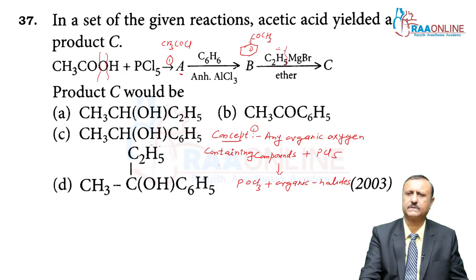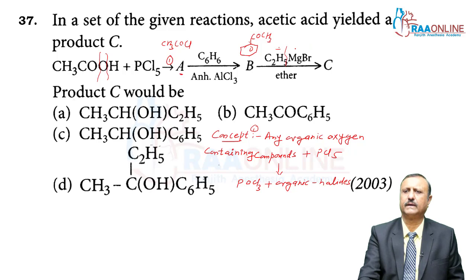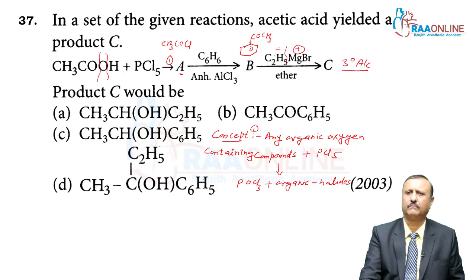here a negative charge is present on this ethyl group, and you get the plus charge. Then you can see the tertiary alcohol, meaning this C2H5 is also attached to this compound, and the OH group is present.